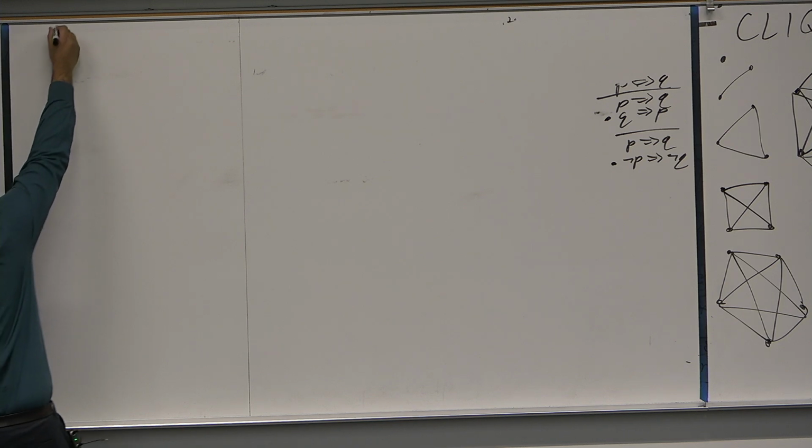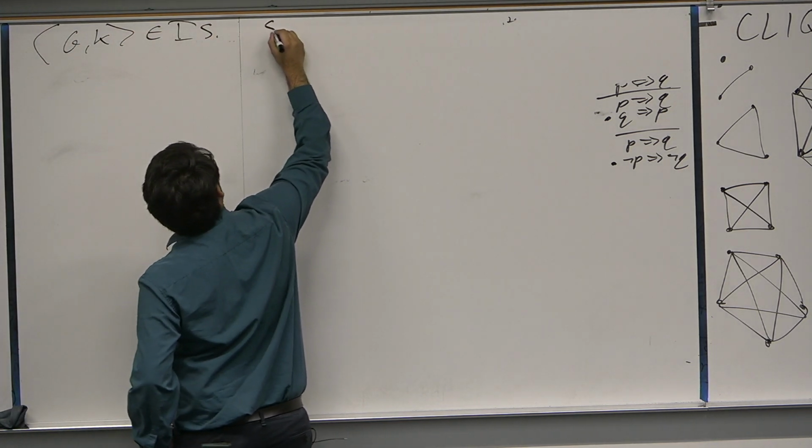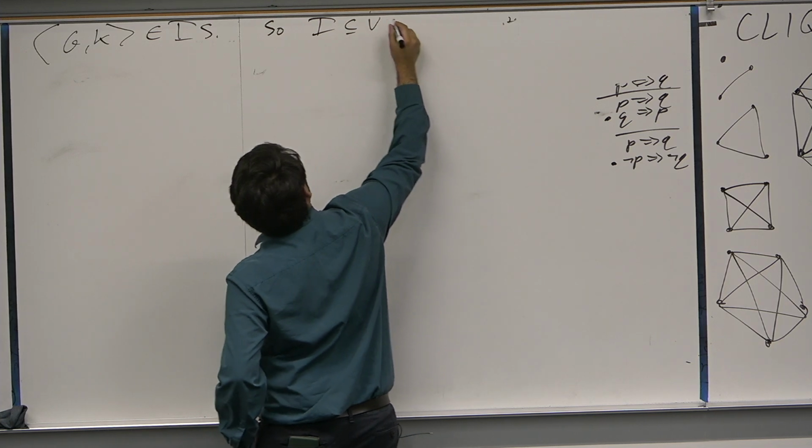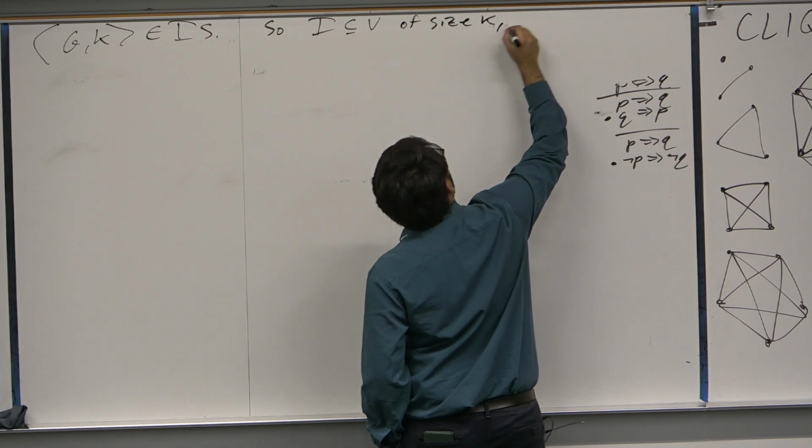Let g comma k be an element of independent set. So I is a subset of v of size k and is independent.